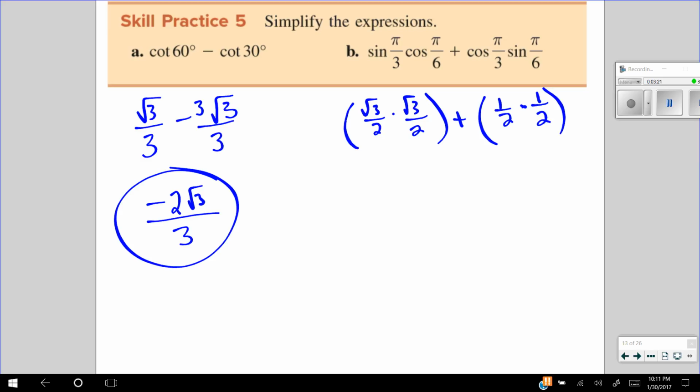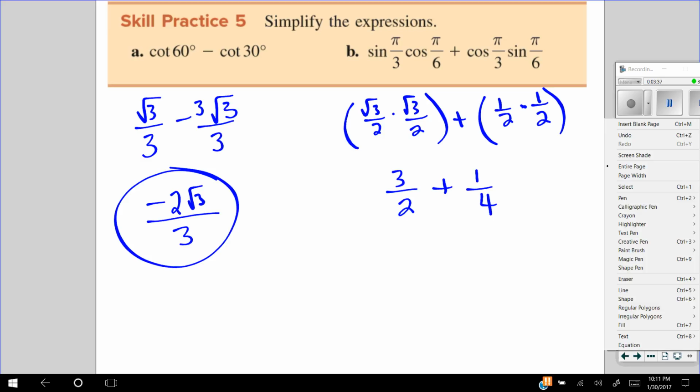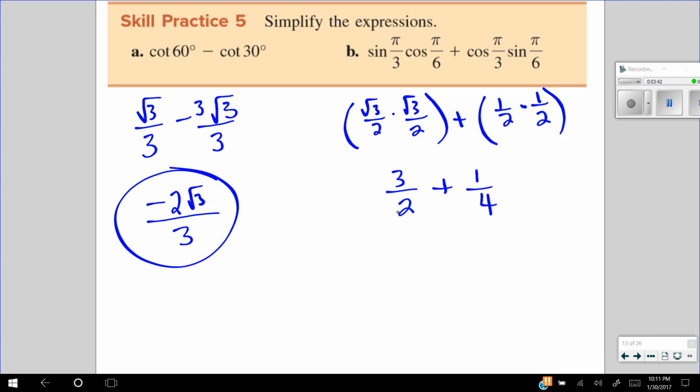So root 3 over 2 times root 3 over 2 is going to be 3 over 2 plus 1/2 times 1/2 is 1/4. Oops, and I did make a mistake here. Root 3 times root 3 is 3. 2 times 2 down here is 4. So 3/4 plus 1/4 is 4/4, which is just 1. Okay?